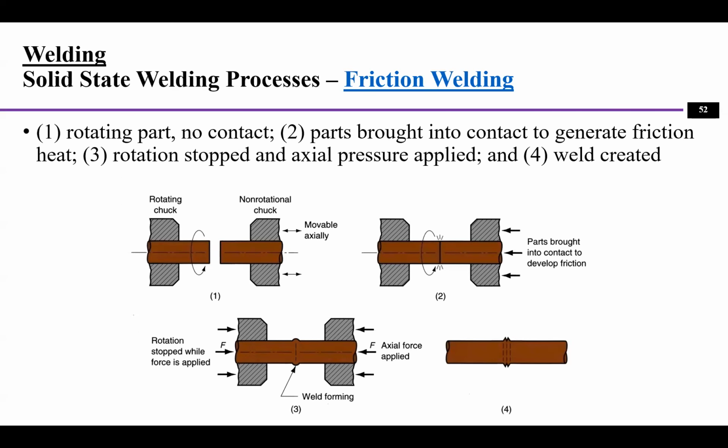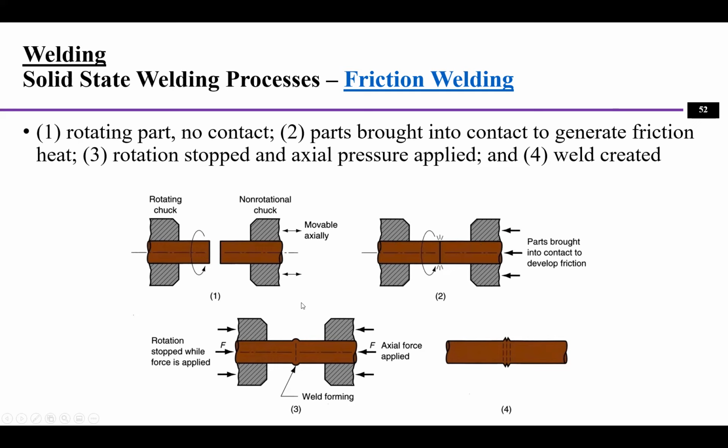Another type of process is the solid state welding process. Here we can see one part is static and the other one is rotating or spinning. By rotating and moving forward until it meets the static part, it will start to apply a certain force.